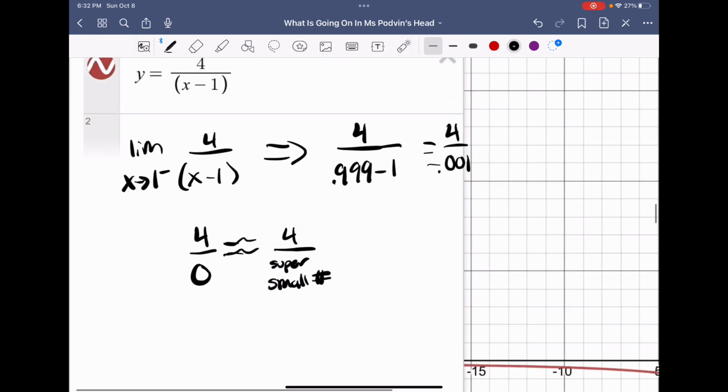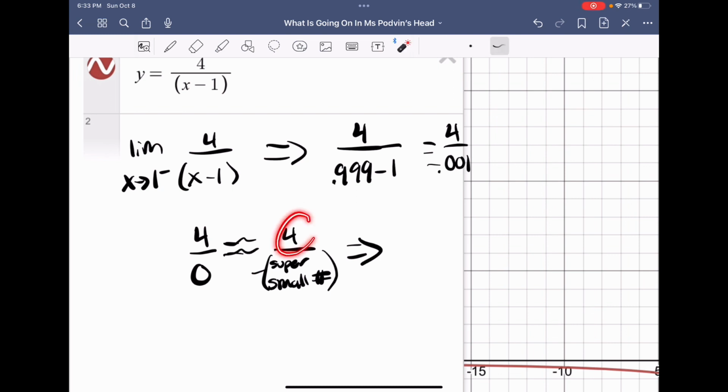And we know, since it's from the left of 1, that it's going to be negative. So it's going to be negative some super small number. Now, what happens when we divide by a super, super, super small number? We end up with a super, super big number.